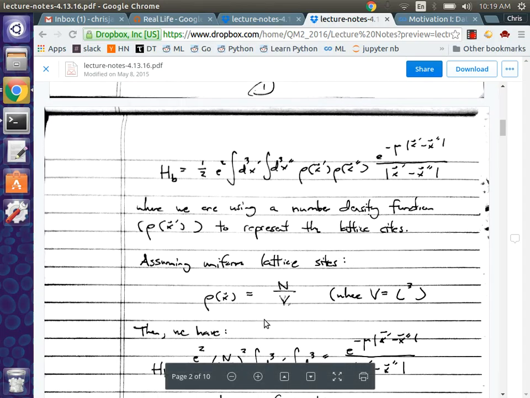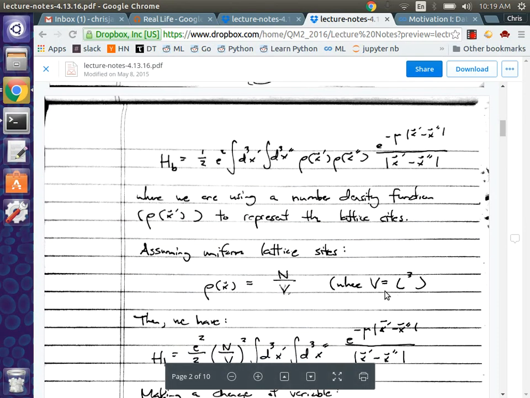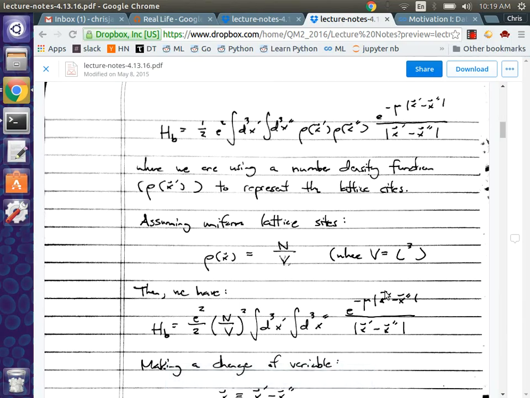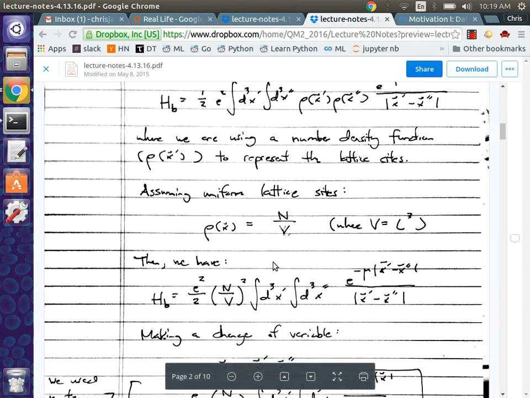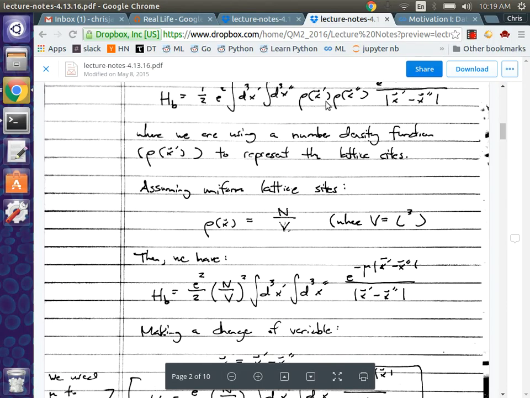Oh, here, I have it written here. Okay, so both of these rhos are just constants for us for the lattice sites. It's just n over V, where V would be the dimensions of our solid cubed. So what do we have? We can plug in n over V for both of these guys, right?